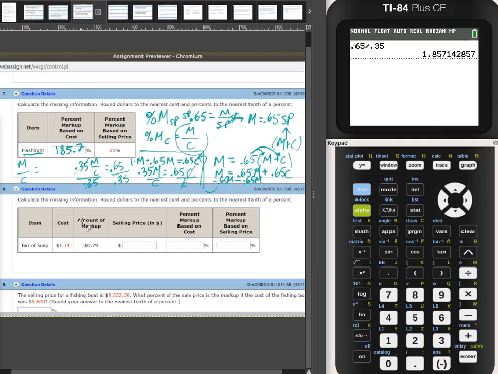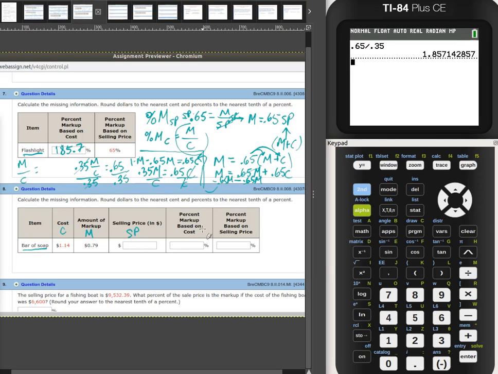Now, for number 8, we are talking about bars of soap. It says that we have the cost. The cost is only $1.14. The amount of markup is 79 cents. So this one, the cost of course is C. Amount of markup is M. Selling price goes SP like this one.